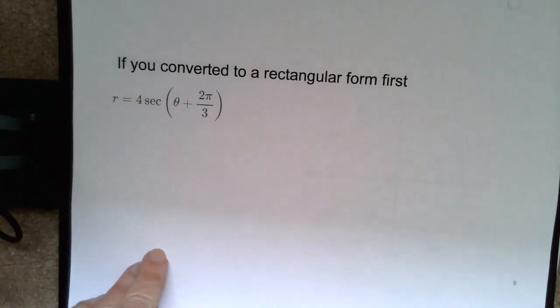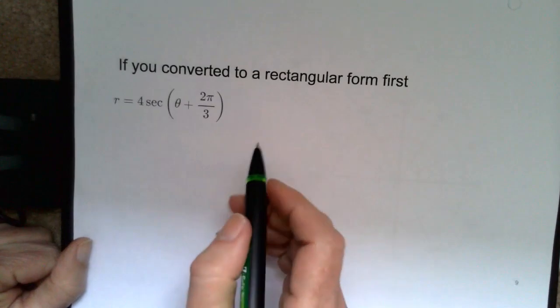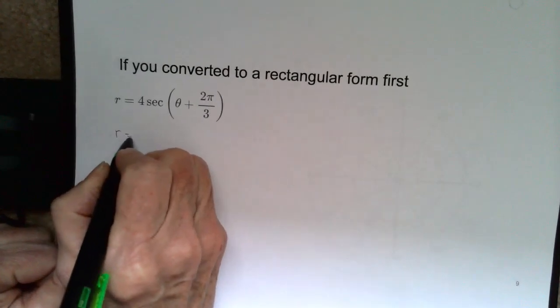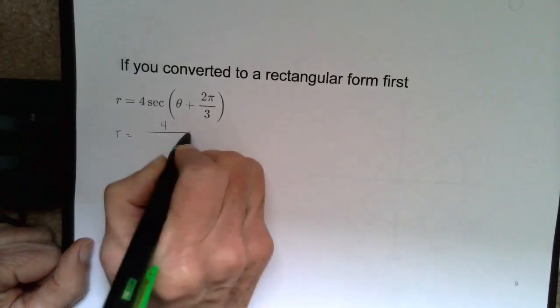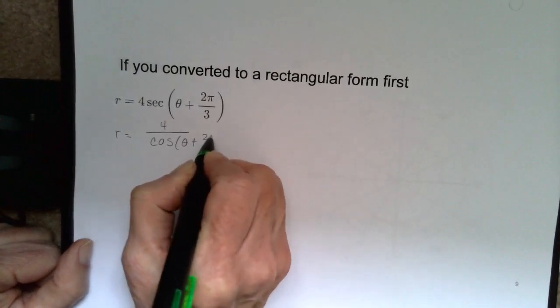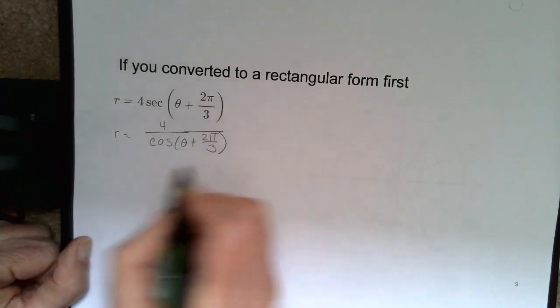So if you converted it and went through what we just learned how to do, you want to solve for your r, because r is going to be your unknown. So this is going to be 4 over the cosine of theta plus 2 pi over 3. Okay, and then you're going to use your sum and difference here.